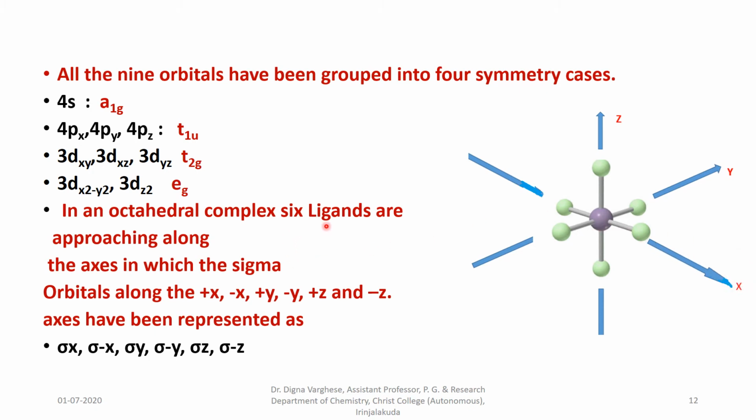So the 6 ligands approach along the axes, and the sigma orbitals along plus x, minus x, plus y, minus y, plus z and minus z can be represented as sigma x, sigma minus x, sigma y, sigma minus y, sigma z, sigma minus z.